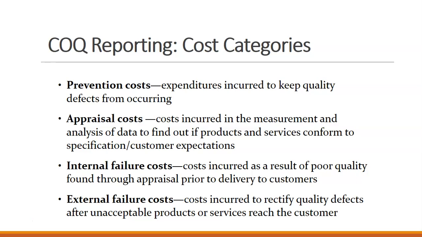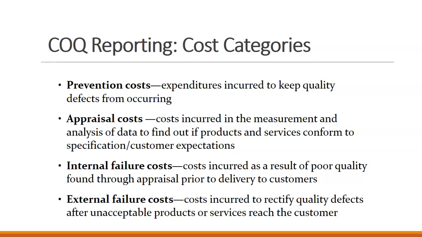Prevention costs. So these are costs that we incur trying to keep defects from even happening. Maintenance to machines, employee training happen under prevention costs. Appraisal costs are incurred when we're looking at inspections, when we're looking at data to find out if our products and services conform to expectations.